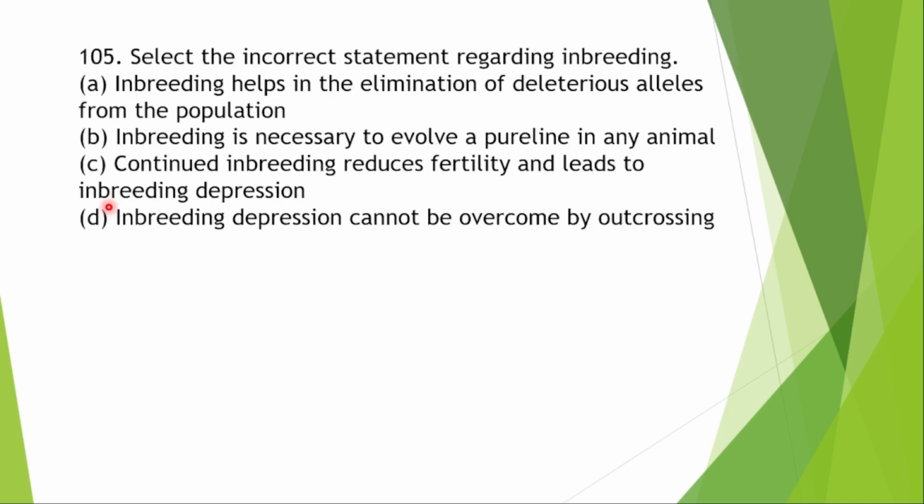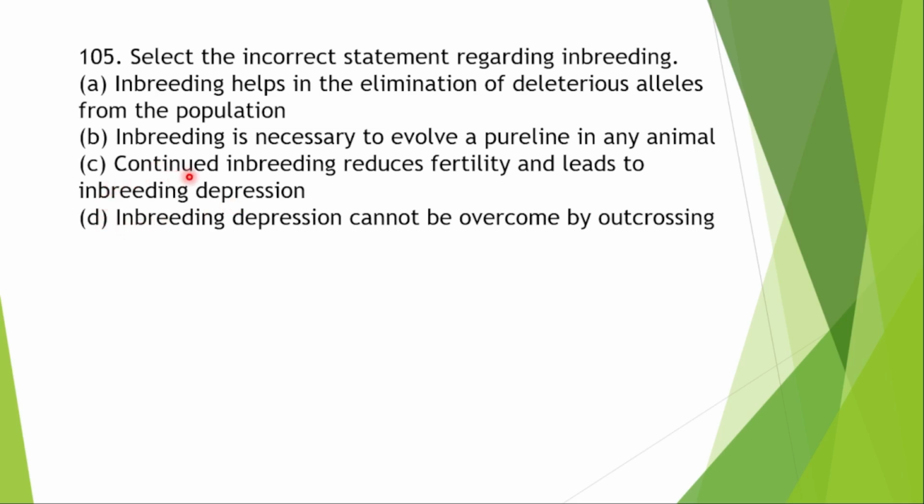105. Select the incorrect statement regarding inbreeding. A. Inbreeding helps in the elimination of deleterious alleles from the population. And then B. Inbreeding is necessary to evolve a pure line in any animals.